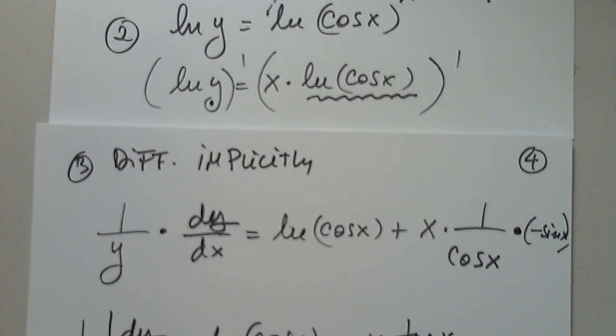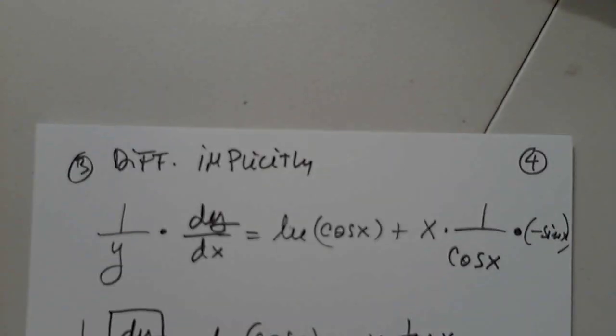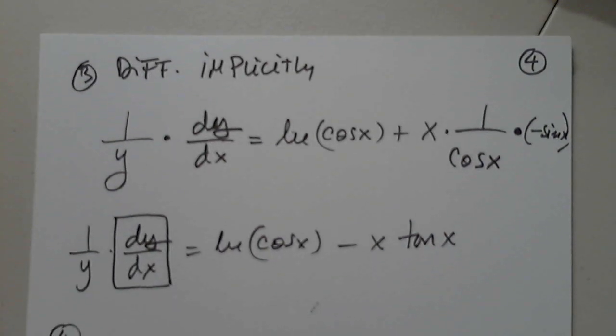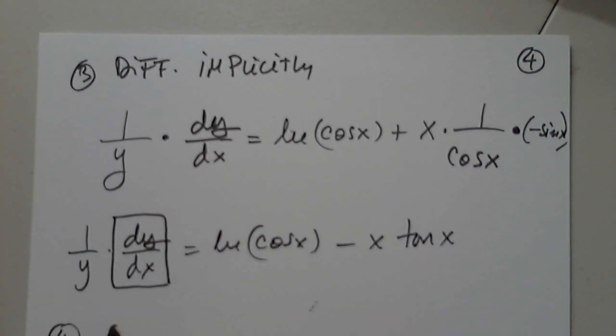We are solving for dy over dx. What should I do to both sides? So we differentiate implicitly. So let's say step 4, solve for dy over dx. What do we do to both sides to solve for dy over dx? Multiply both sides by y. Exactly. Instead of y, I'm going to write cosine x to power x because that's the y that we selected, times natural log of cosine x minus x tangent x.